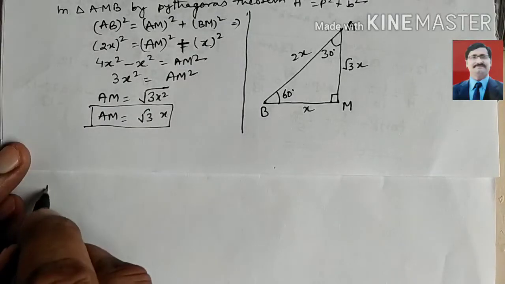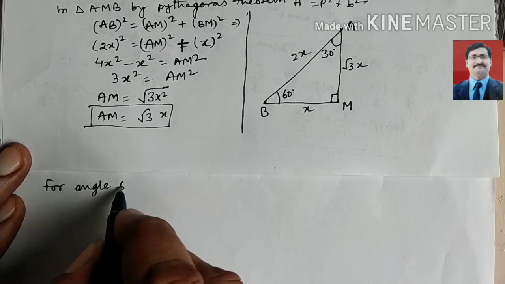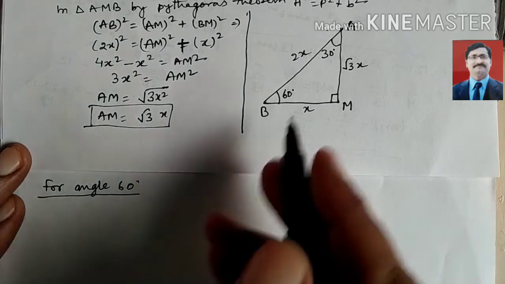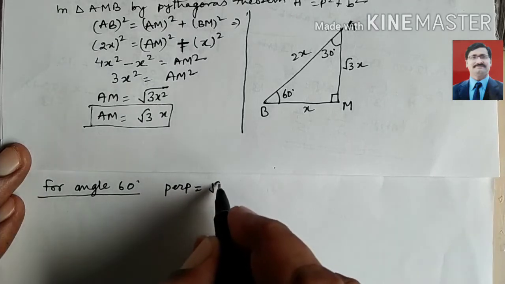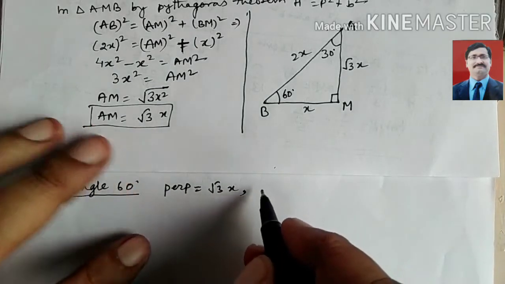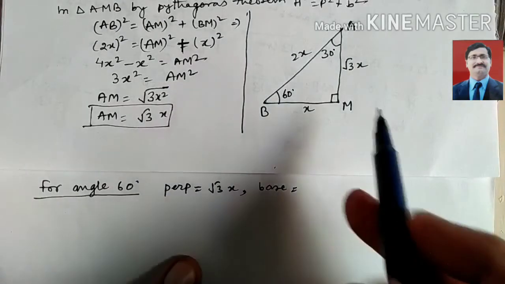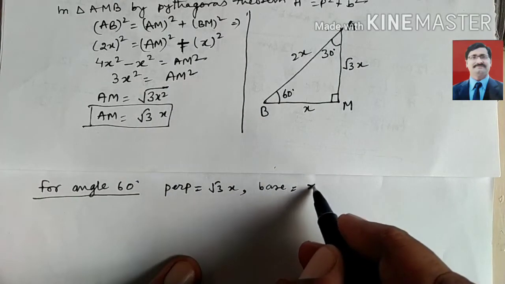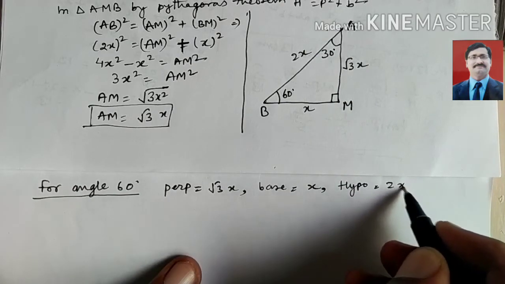Now you can write for angle 60 degrees, perpendicular is equal to root 3 x, base equal to x, and hypotenuse equal to 2x.